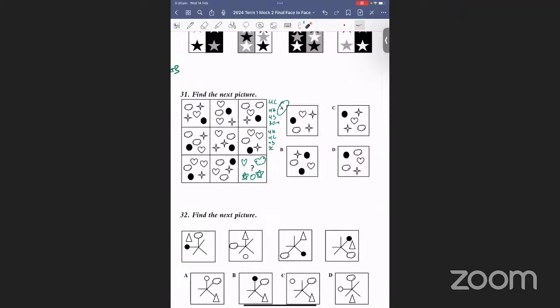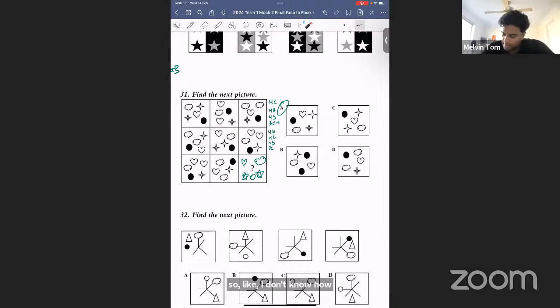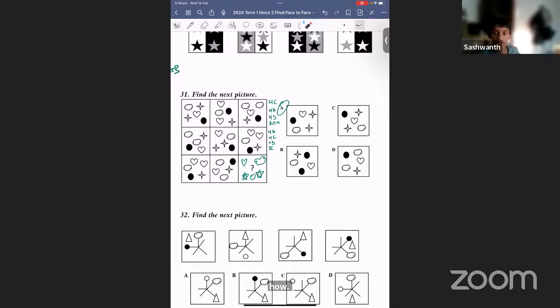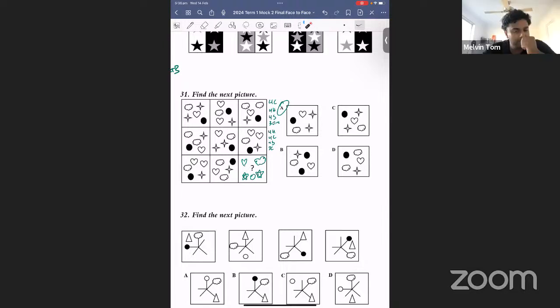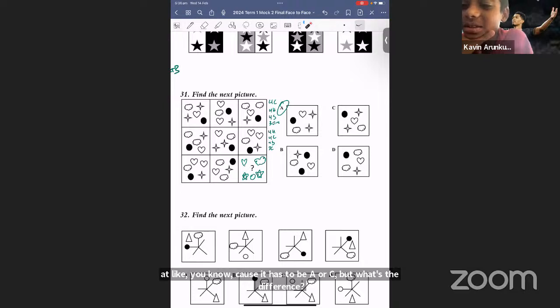I did find some kind of moving pattern, in different positions, so I got the right answer, but I don't know how. So the difference between A and C is how they're organized. It has to be A or C, but what's the difference? Let me double check the answer key.